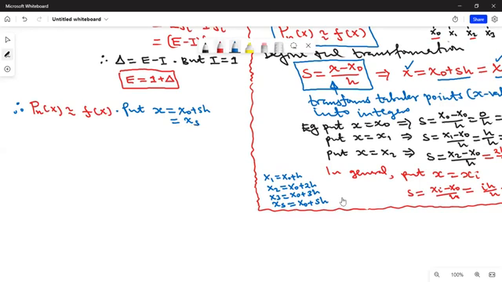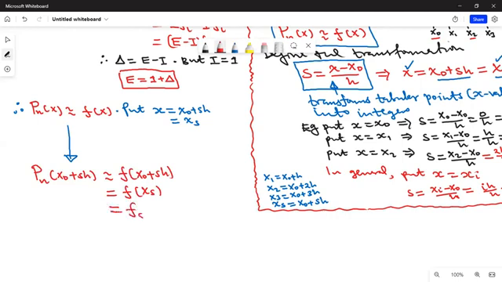So this will now give us Pn of x naught plus sh, which is approximately equal to f of x naught plus sh, which you can also write as f of x subscript s, and this can be written as f subscript s.